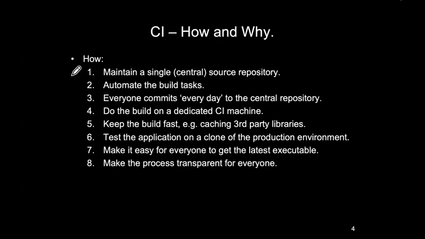The how and the why then: how do we achieve continuous integration? Well, number one, you've got to have what we call a single source of truth. You simply have a single source code repository, and we're very familiar with source code repositories now.